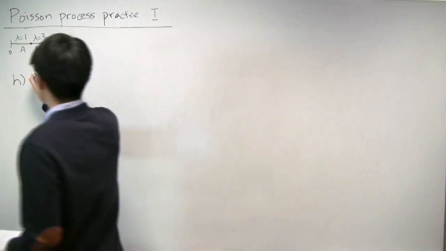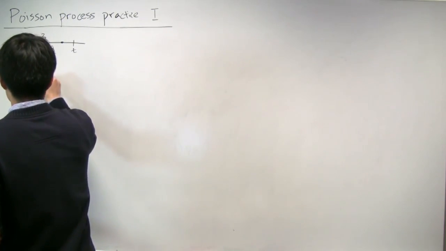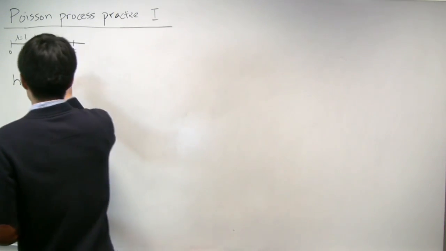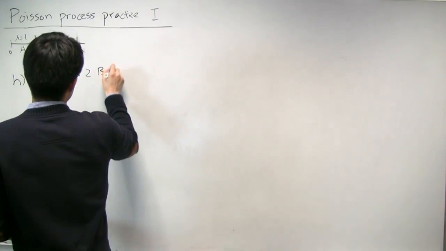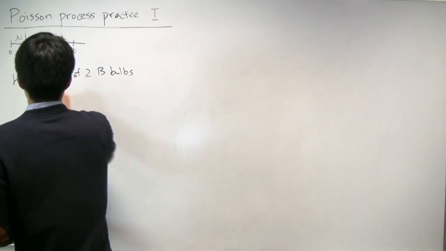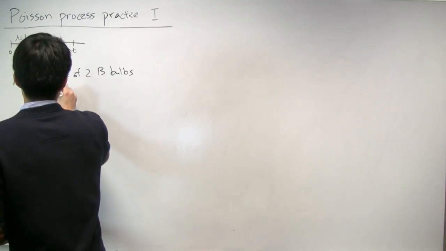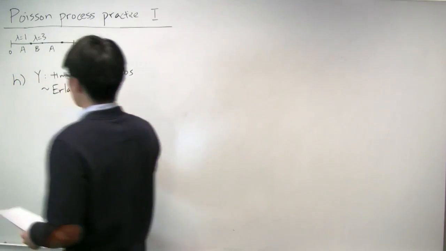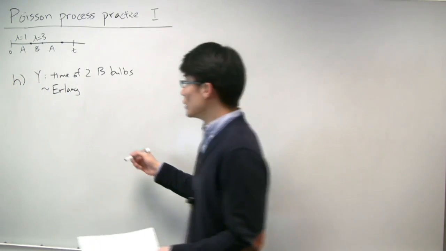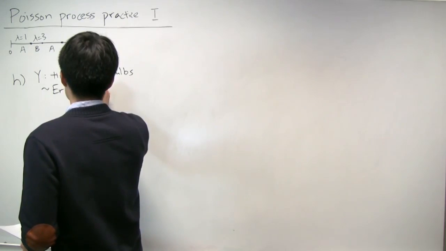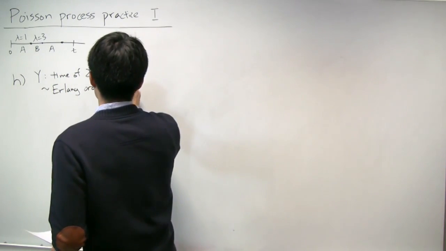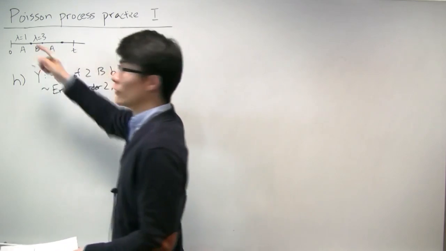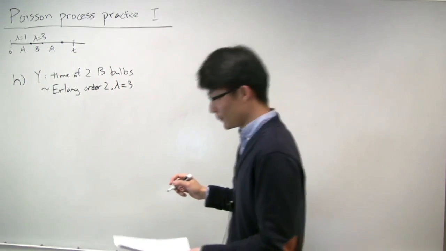And so let's define random variable Y to be the time of 2 B bulbs. And because it's adding 2 IID exponentials, we have an Erlang random variable. And it has order 2 because we're adding 2 exponentials. And the parameter is the same as the parameter of the underlying exponential, which is 3.